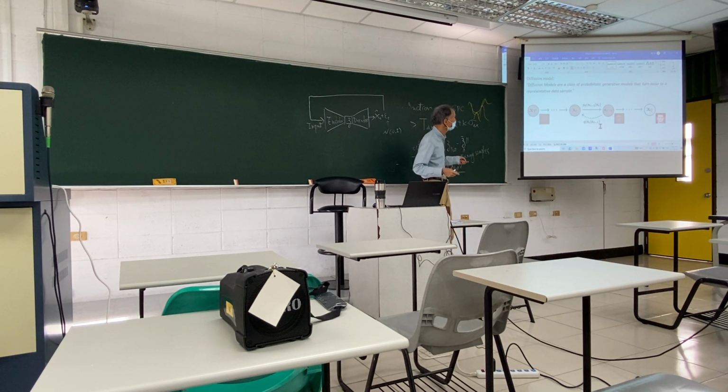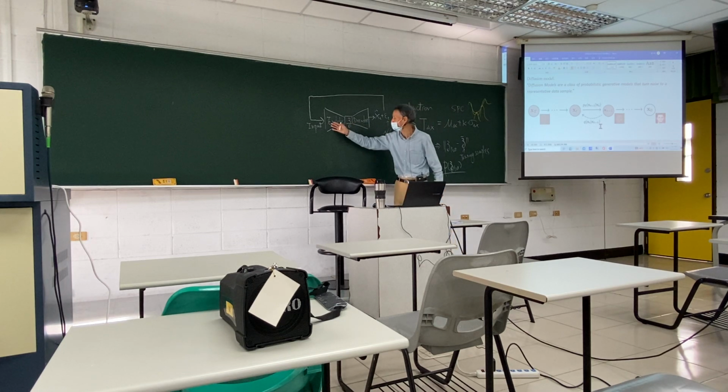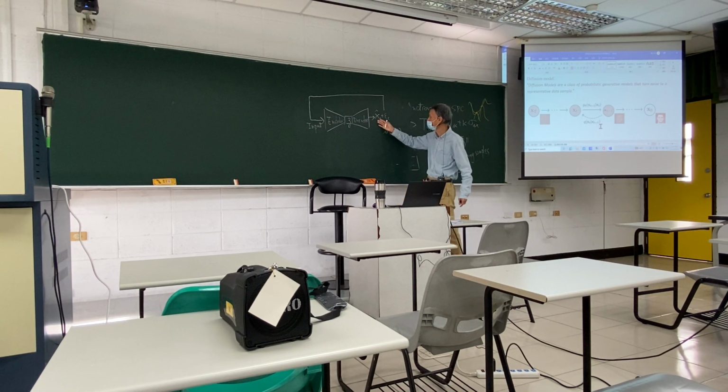Or you can do this forward. X0, at T minus 1, we add more noise. But that's the usual case. Given X, we estimate the reconstructed image.